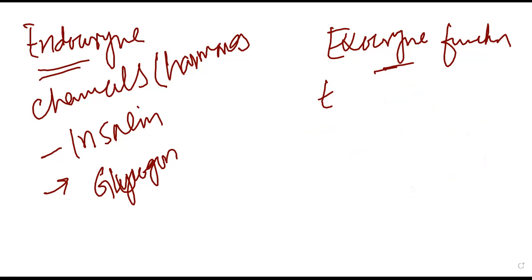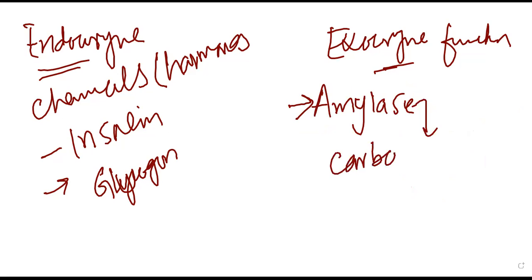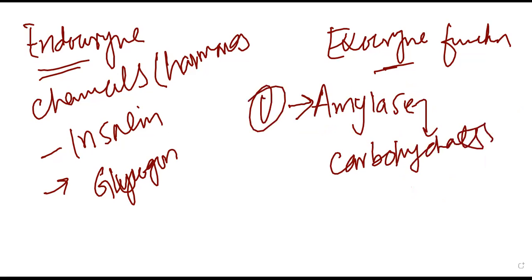The 3 types of enzymes it produces are, first, amylase, and amylase helps in the breakdown of carbohydrates. This is the first enzyme.